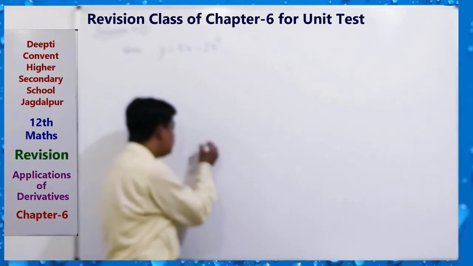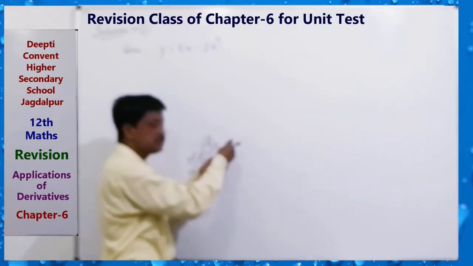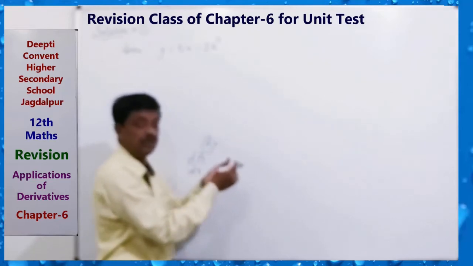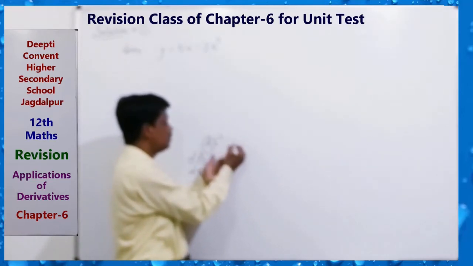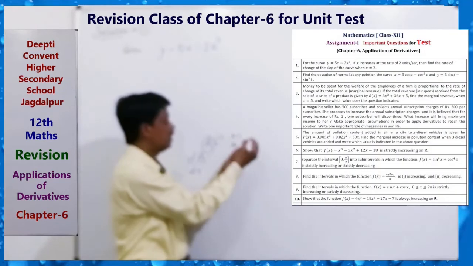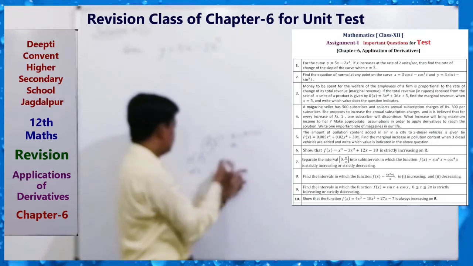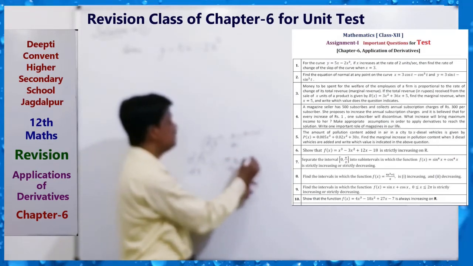This quantity may be a function of some variables, one or two. Then you have to convert it into a single variable, suppose x, so you get the function as a function of x. Then dA by dt means dA by dx times dx by dt.